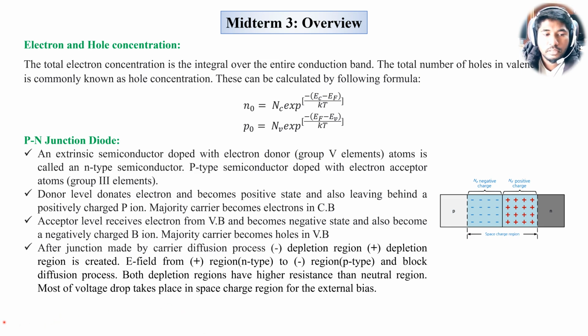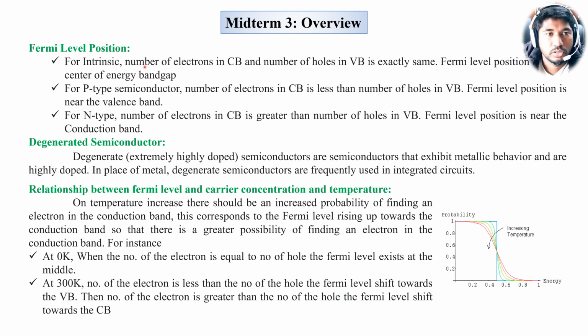And the next, Fermi level position. Where the Fermi level is located for each condition. Here we explain this one. For intrinsic, number of electrons in conduction band and number of holes in valence band is exactly the same. For this reason, Fermi level position is at the center of the energy band gap.